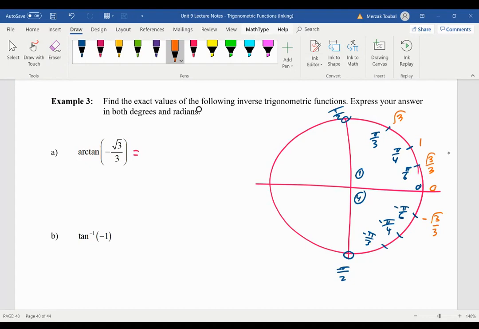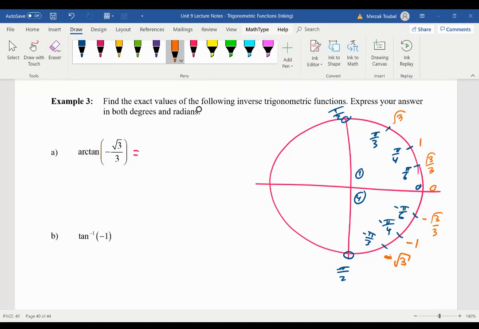If at pi over 6 the value of tangent is root 3 over 3, at negative pi over 6 it will be negative root 3 over 3. At pi over 4 the tangent is 1, at negative pi over 4 it is negative 1. At pi over 3 the value of tangent is root 3, at negative pi over 3 the value of tangent is negative root 3. Doing the work means you divide the y by x of the coordinates at this point.